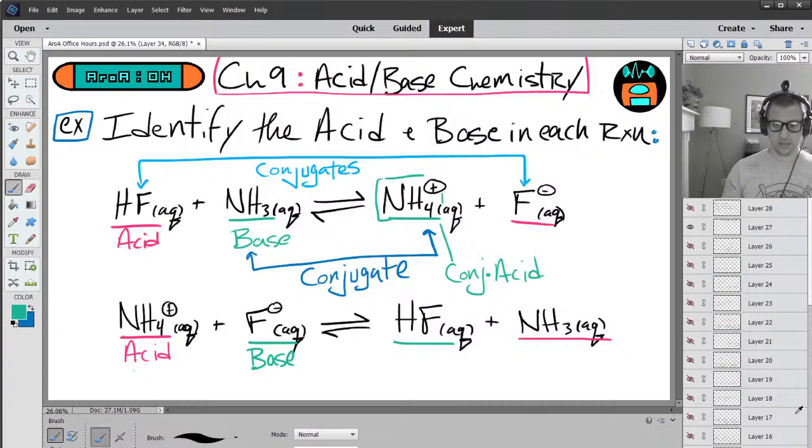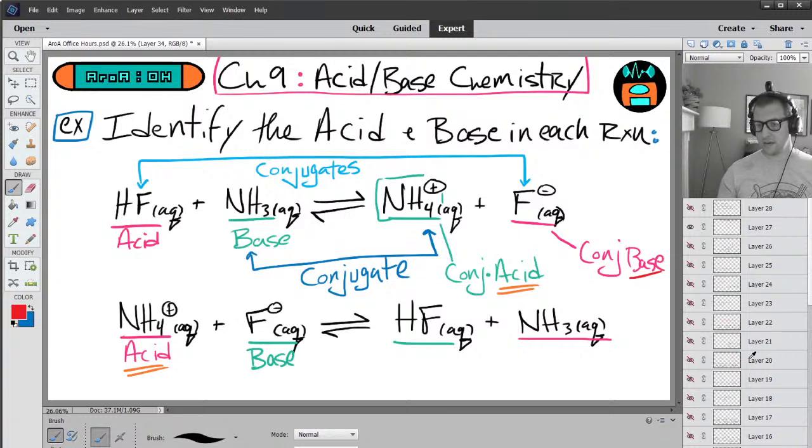because the reason why it's called the conjugate acid is because it is the acid of the reverse reaction. Fluoride is called the conjugate base because it is the base of the reverse reaction.